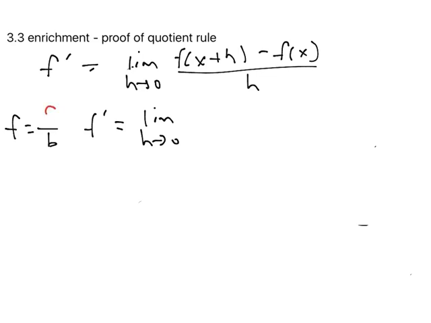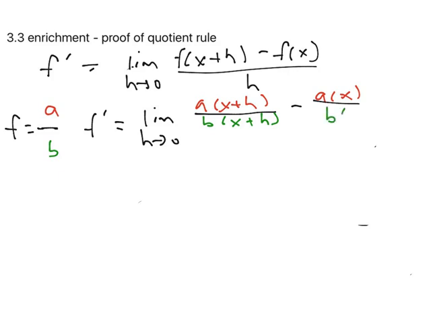I'm going to use red for a, green for b, to be more clear. So this is going to be a of x plus h over b of x plus h minus a of x over b of x, over h.